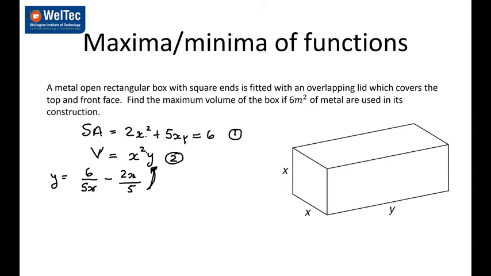And then you're going to put that into 2. So that goes into there. And then we're going to differentiate once we've done that. And differentiating that, we get 6 over 5 minus 6x squared over 5.